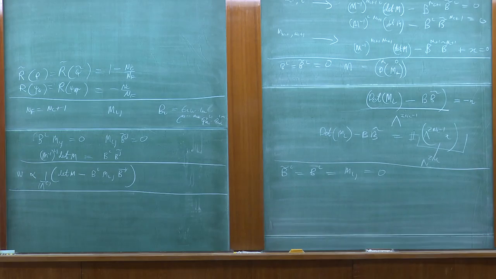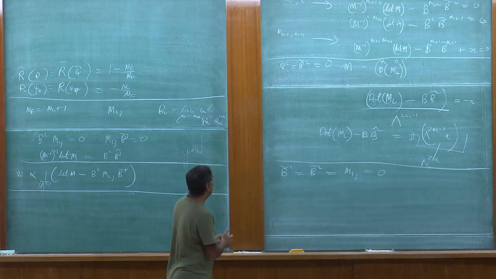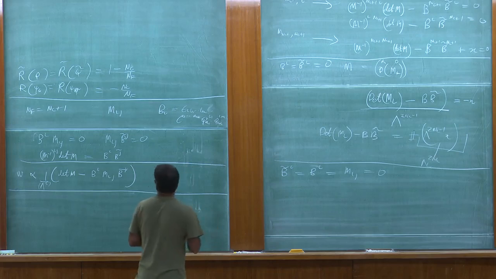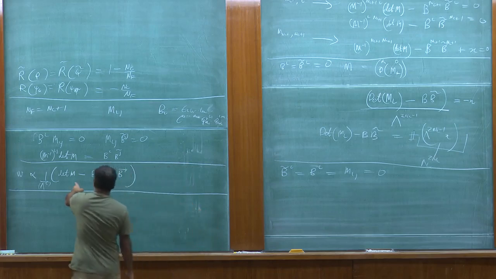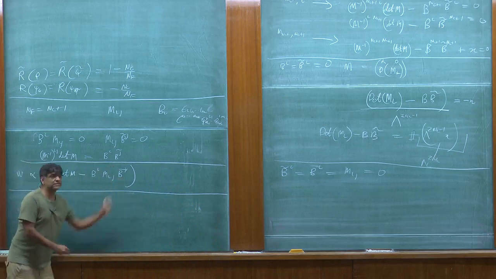Now, let's say we're at this point, and we want to ask, what are the massless fields around this point?